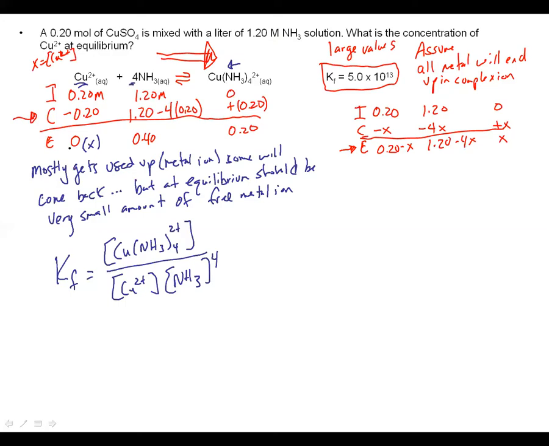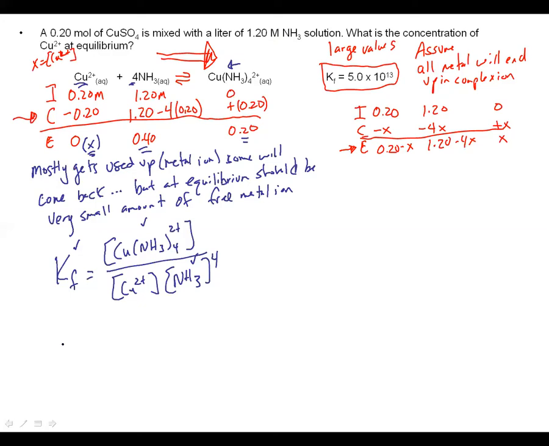So although we zeroed out here, we then will go back and call our metal ion X so we can solve for it, because now we have this number, we have this number, and we have this number from the table, which are right here. And we could solve for the copper concentration.